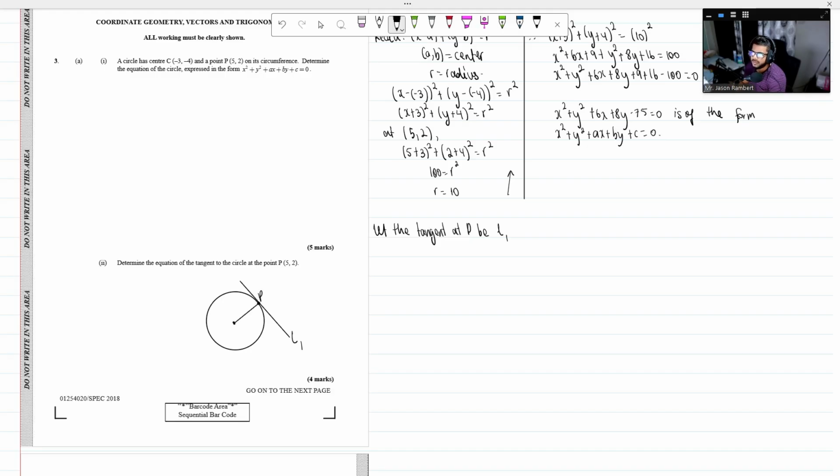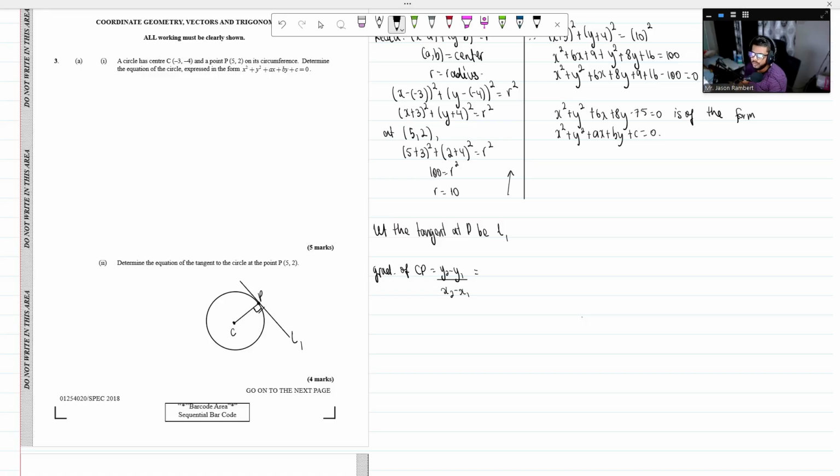Well, if I get the gradient of the radius, which is CP, I can now use my laws of circles along with my laws of gradients to get the gradient of L1, and then calculate the equation of L1 using the point P. So the gradient of CP is y2 minus y1 over x2 minus x1.